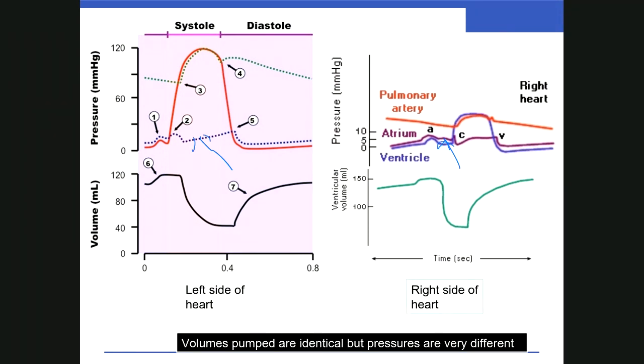Just like we have left ventricle over here, we have right ventricle over here. Just as we have the aorta over here, we have the pulmonary artery over here. And then again, just like we have volume over here, we have volume over there. Does it make sense? Any questions?